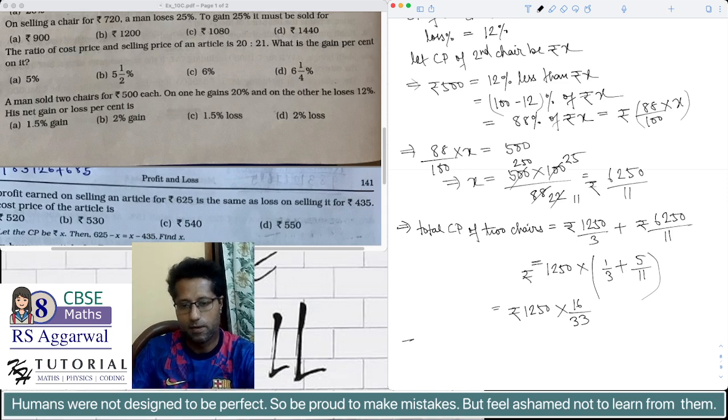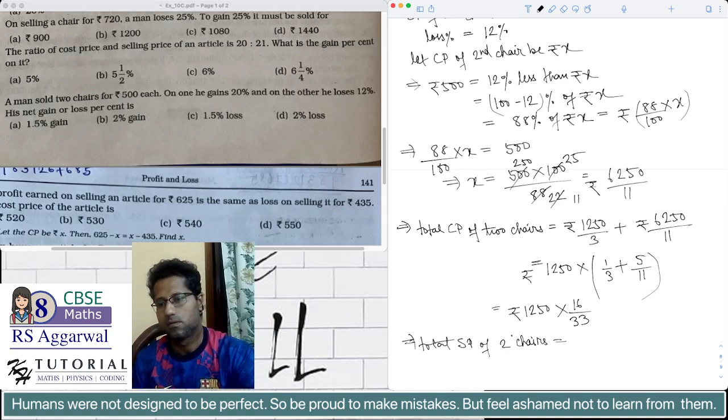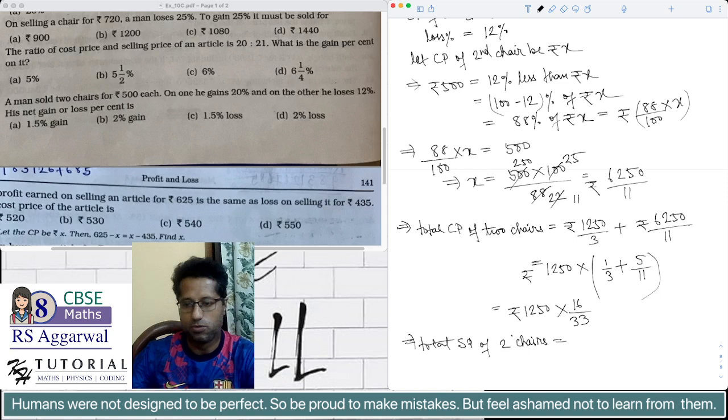We also know that total SP of two chairs is rupees 500 multiplied by 2, which is equal to rupees 1000.